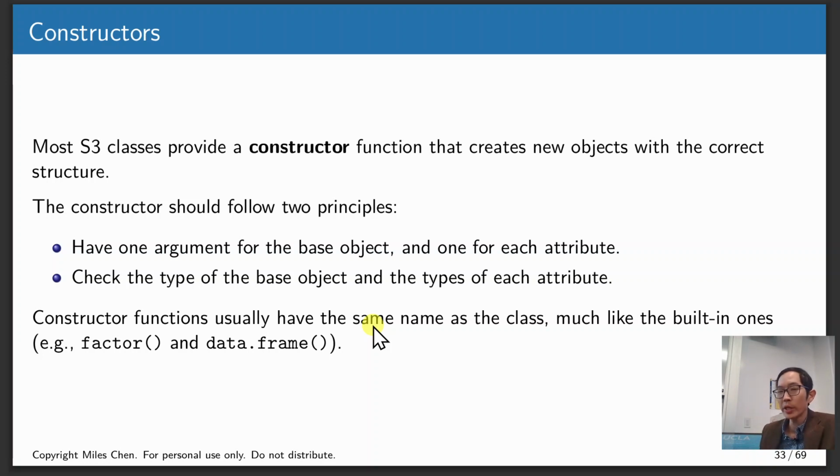This is not a requirement, but a lot of S3 objects have what we call a constructor function. A constructor function is a function that creates objects of that class. It's not required. R doesn't put any kind of requirements on classes.